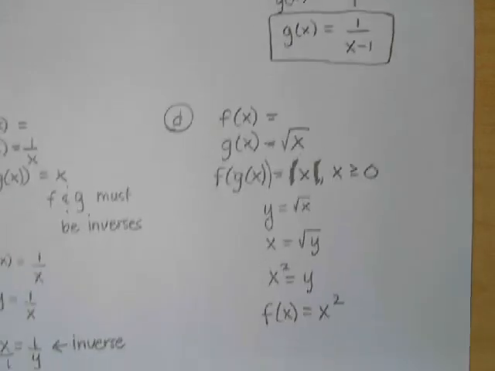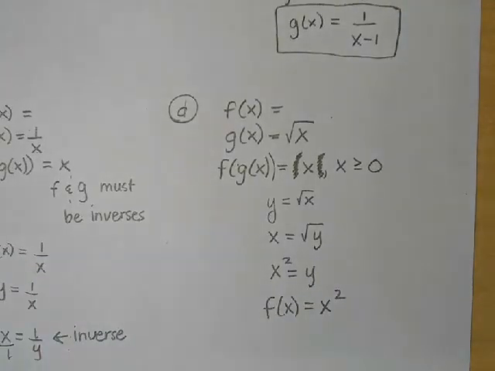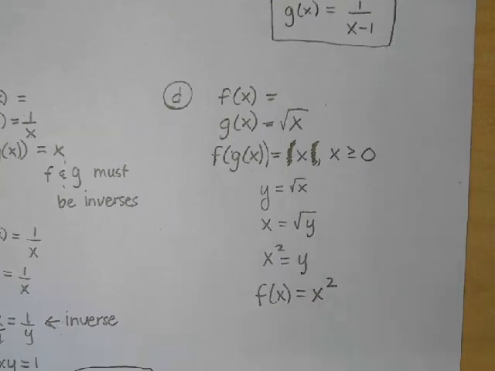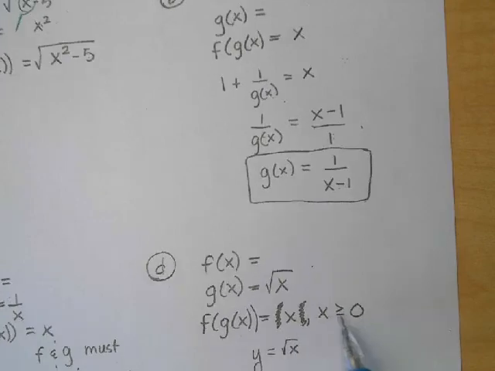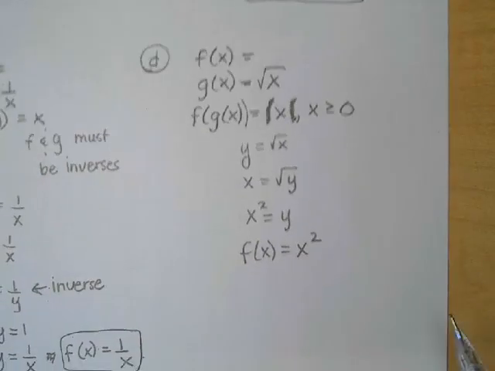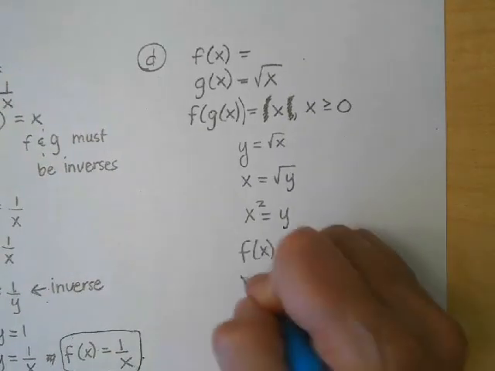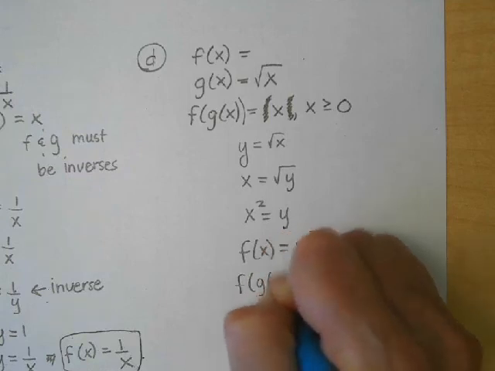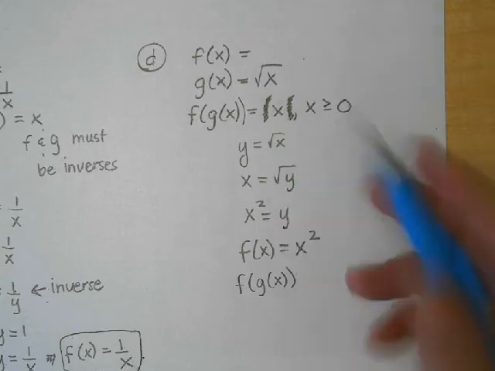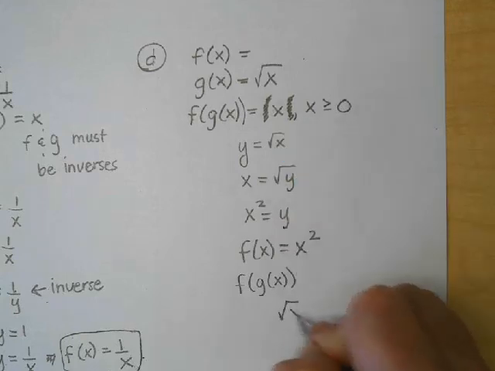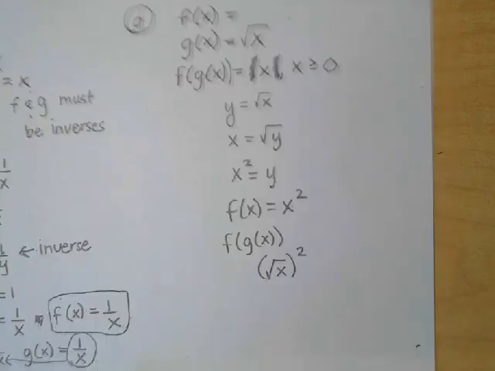Now, if you're wondering what's up with that absolute value of x thing, I'm going to show you that you have to have one or the other. Let's look at f of g of x to make sure it works. I've got to plug in the square root of x for x, so it's going to look like that.